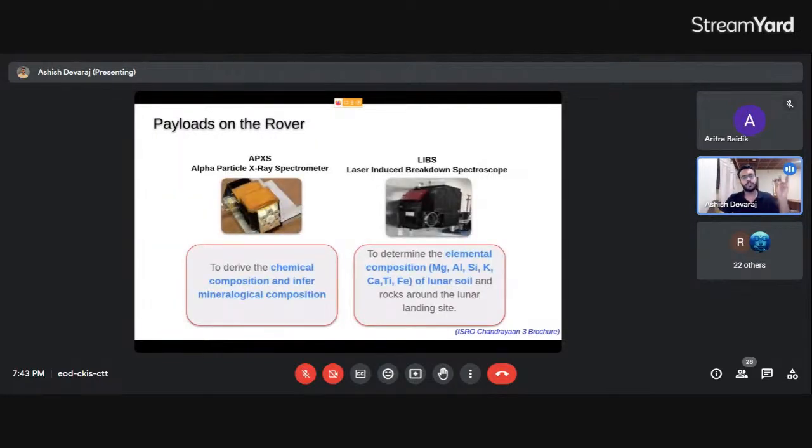And now coming to the rover, as I mentioned earlier, it was a mini geologist, right? So it had two instruments called APXS and LIBS. The APXS is an X-ray spectrometer, which works based on a principle called X-ray fluorescence.